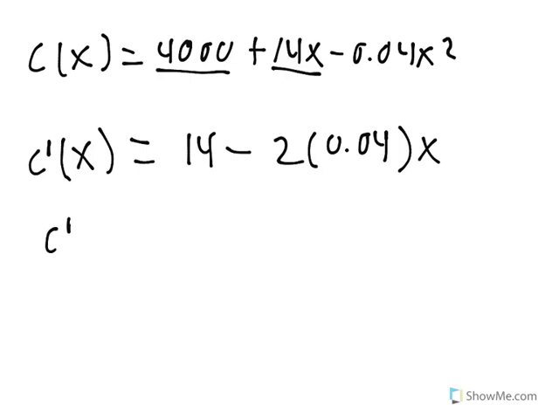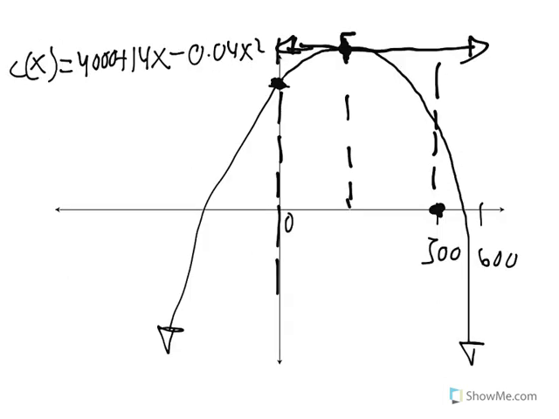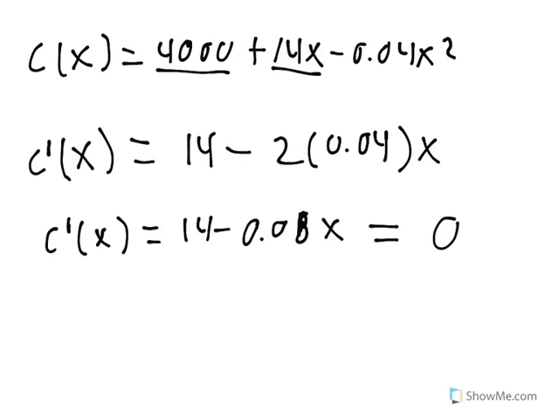So the derivative of this function is going to be 14 minus 2 times 0.04, which is 0.08, times x. Now we want that to be equal to 0 because that's the critical point of this function, which is right here. That's just where the derivative is equal to 0. And then we want to solve for x.